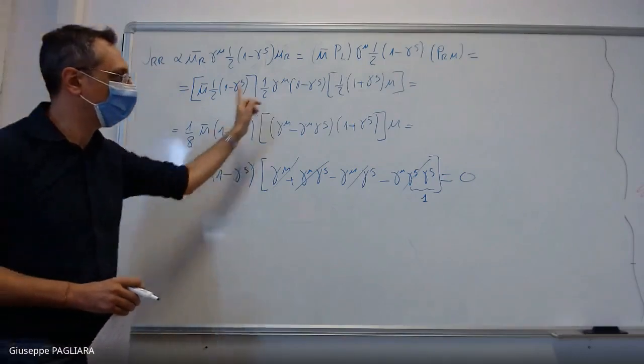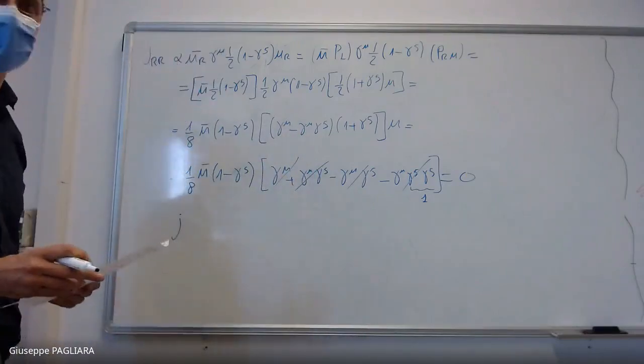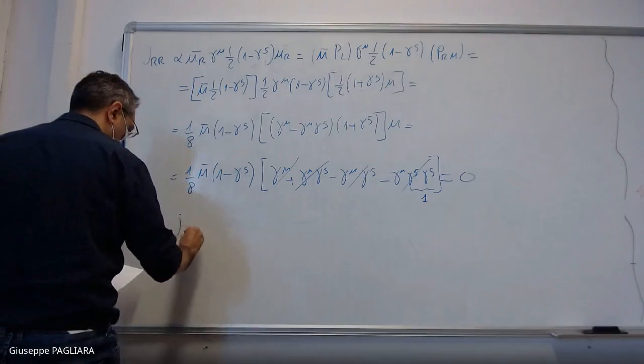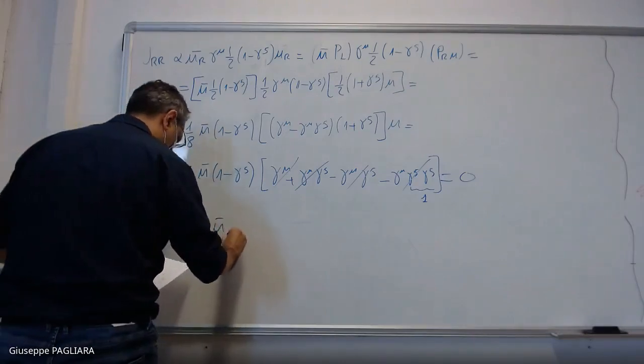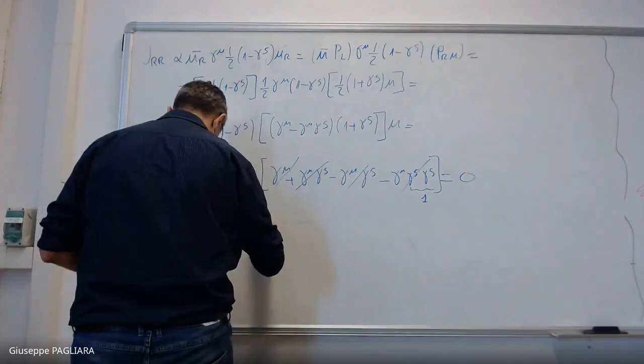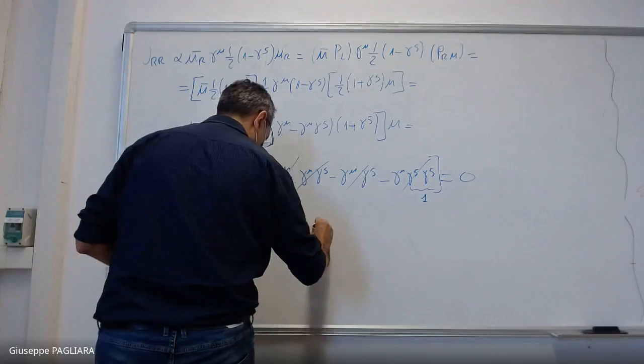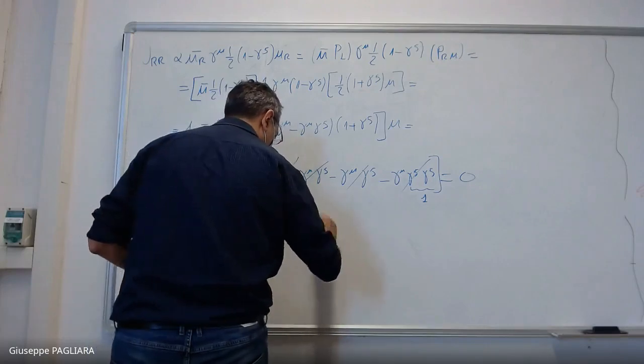A smarter way to show this, and much shorter, is just to make use of the projector. So J_R, you can write, is ū_R γ^μ (1/2)(1 − γ5) u_R.